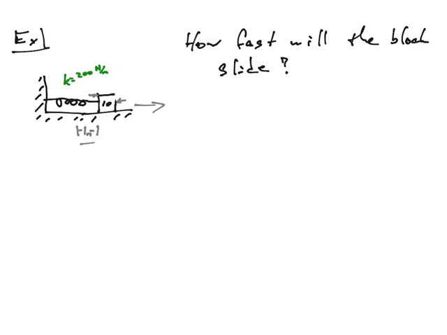So, conservation of energy. Kinetic initial plus potential initial is kinetic final plus potential final. What are our states? The initial state, the block is compressed. Final state, it's been released. Ask our questions. Initial state, I've been compressed by 1 meter to the left and I'm being held there. In that state, am I moving yet?